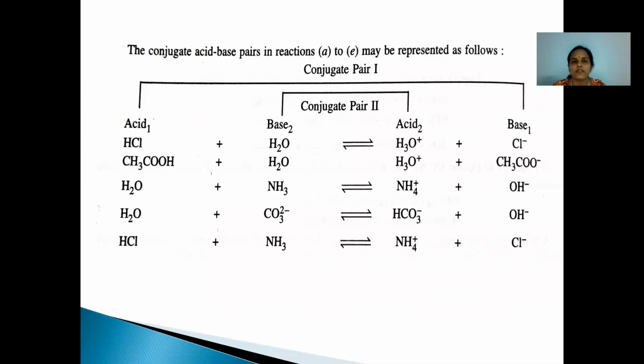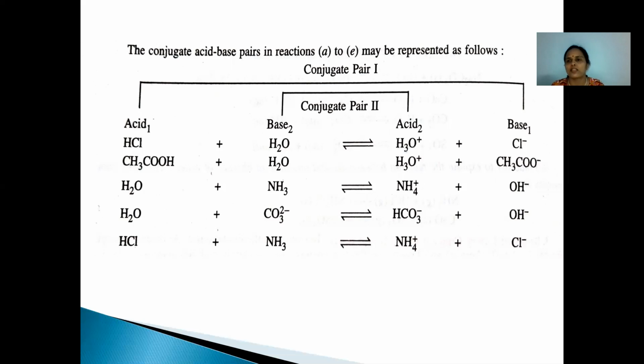Now look at the examples here. HCl plus H2O: HCl acts here as the Bronsted acid and H2O acts as the Bronsted base. So HCl will result in the formation of the conjugate base Cl−, and H2O will result in the formation of the conjugate acid, that is H3O+. Similarly, CH3COOH plus H2O gives H3O+ plus CH3COO−.